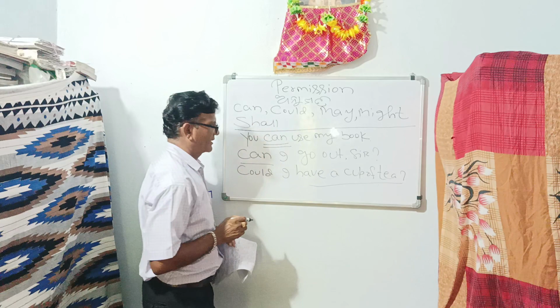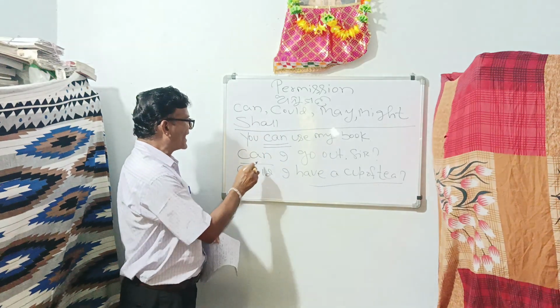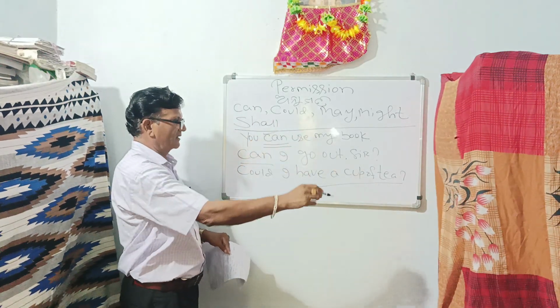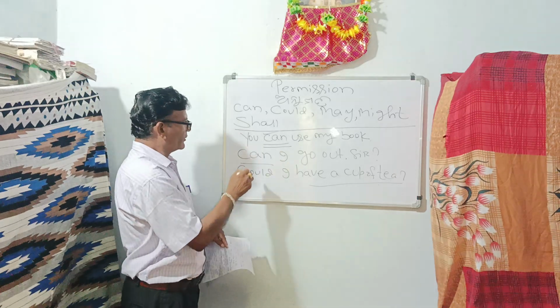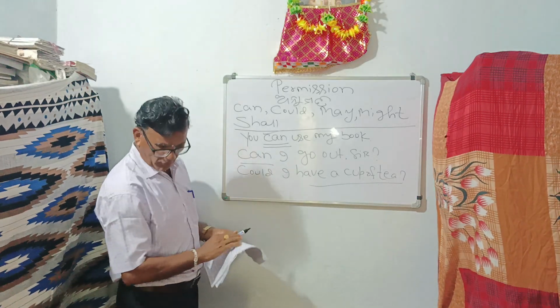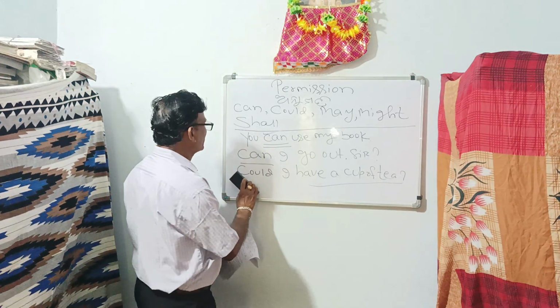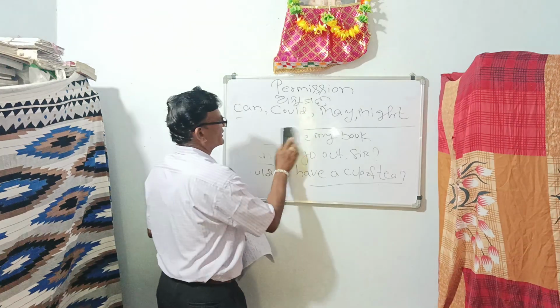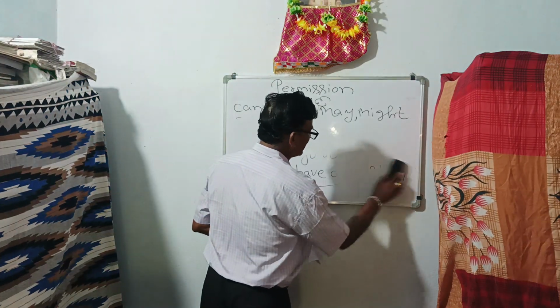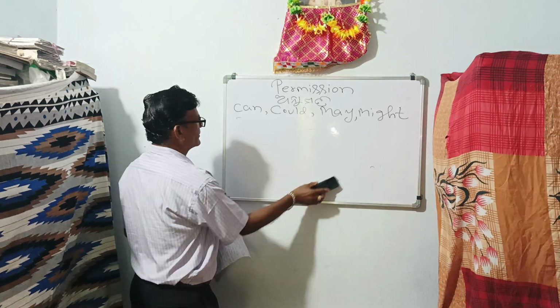Could is the past tense form of can. Thus, can and could are two modal auxiliary verbs which are used to express permission.